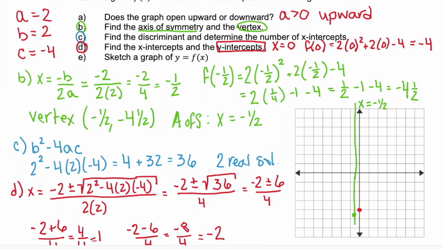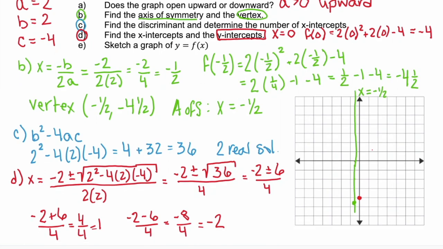And we found the 2 x-intercepts, 1 and negative 2. Remember, those are points. So we have the point 1, 0 and the point negative 2, 0 for our x-intercepts, and our y-intercept was the point 0, negative 4.